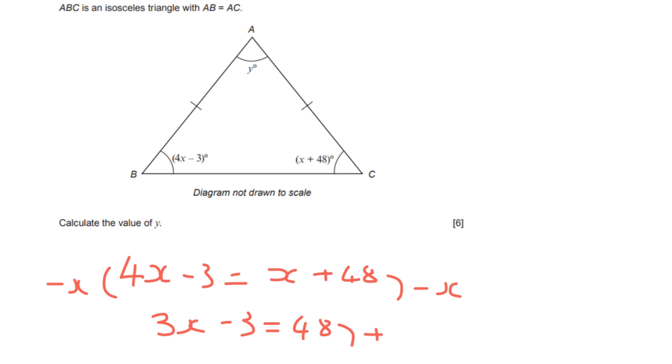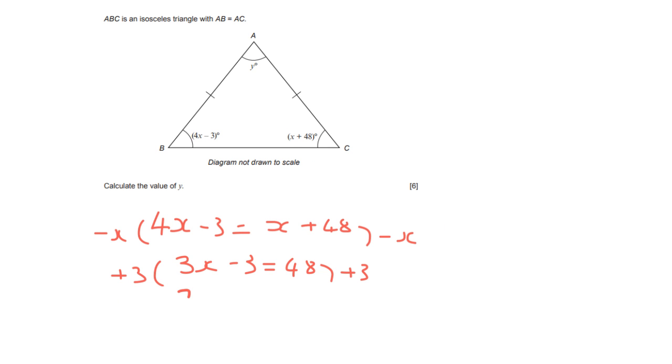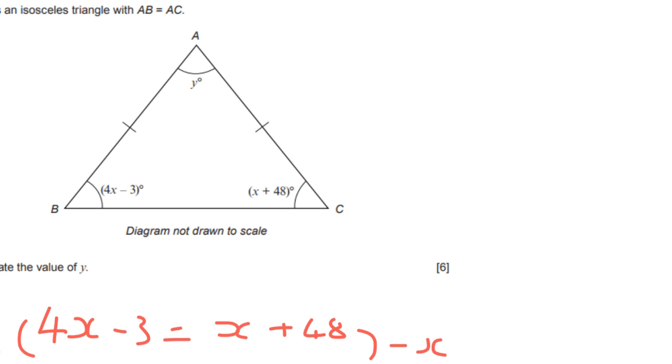We can then add 3 to both sides. So 3x would equal 51. Divide that by 3. So x would equal 17 degrees. Now I can find the size of the two angles that involve x.